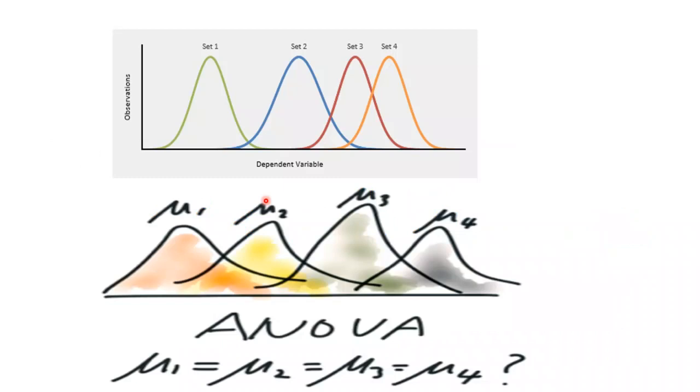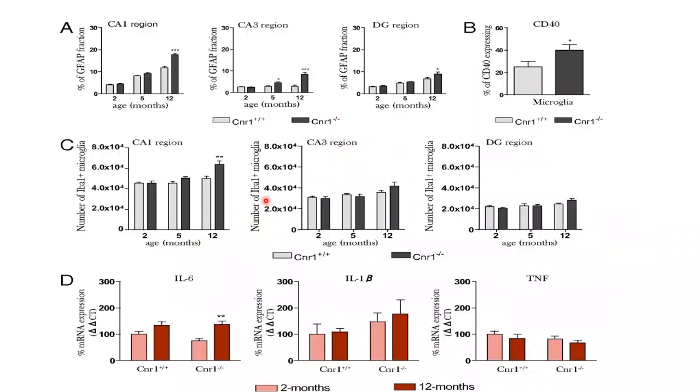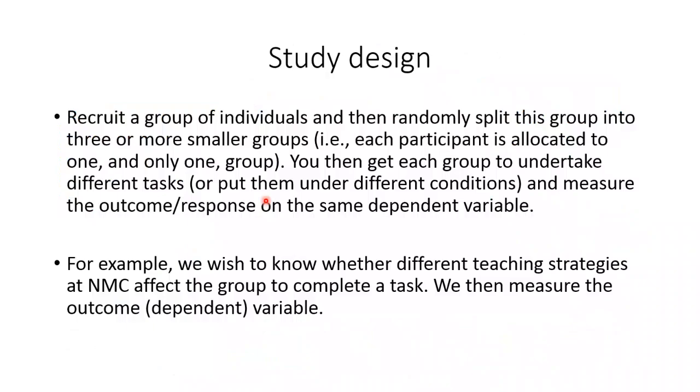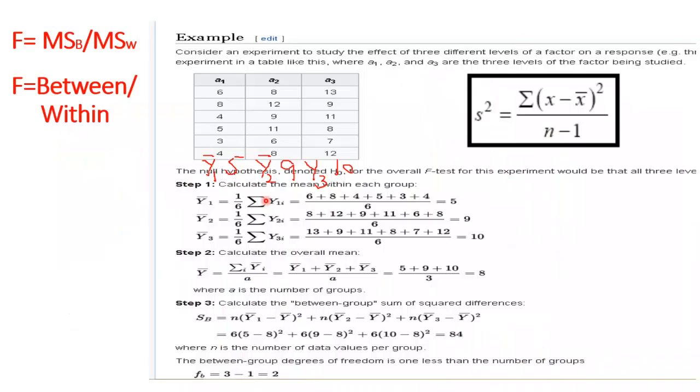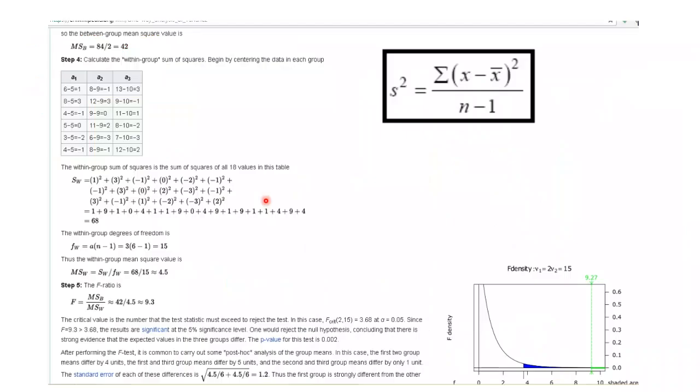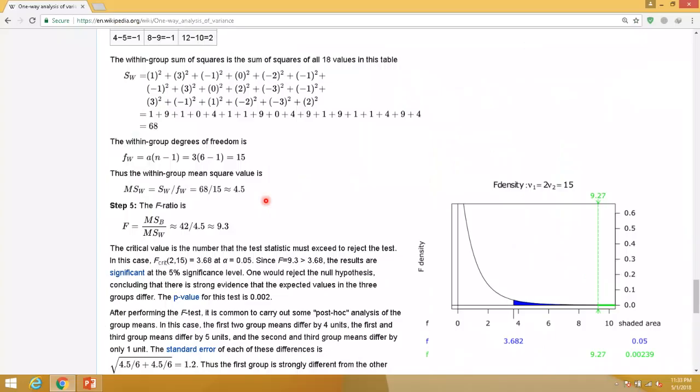Now, which group is greater and which is lesser? This ANOVA does not tell us which group is more than the other group, and for this purpose we will have to conduct a post hoc analysis, which again is not in the domain of this module or your fourth year.